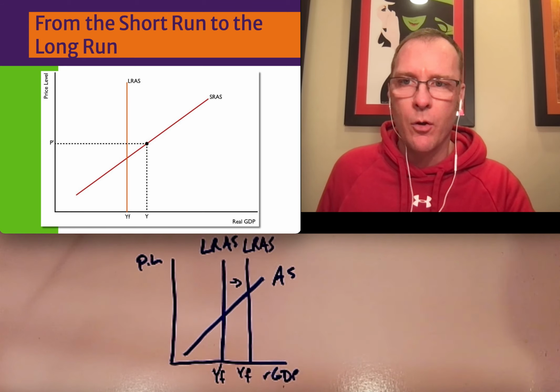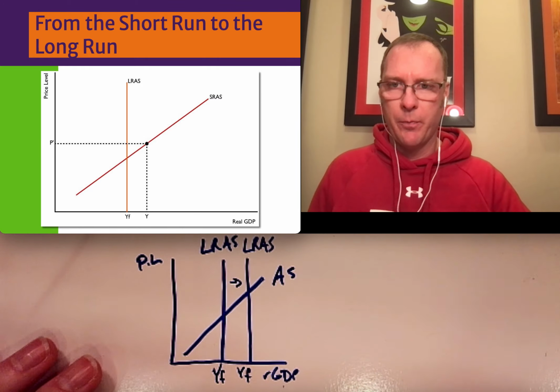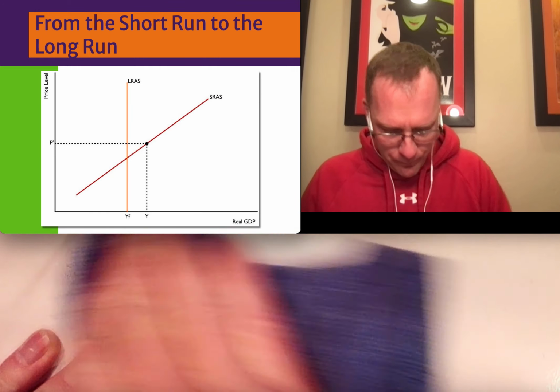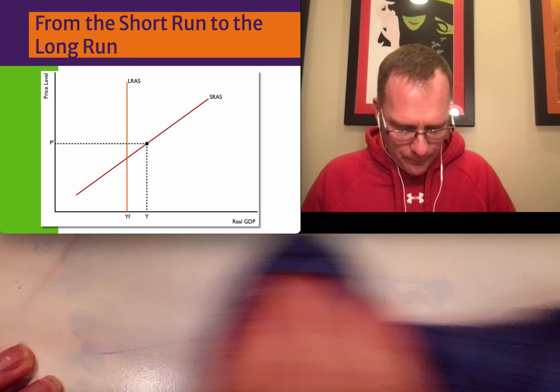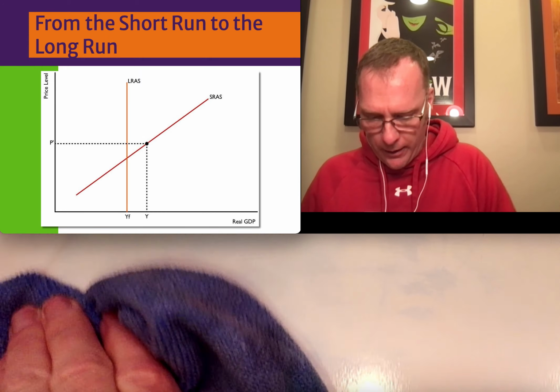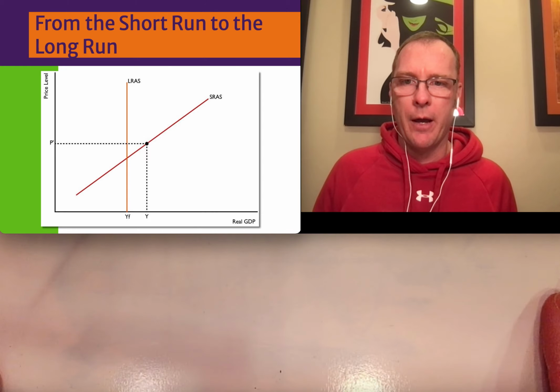So how does this go from short run to long run? What's going to happen? The price increased. All right. So we're going to see this price change. And then when that price changes, we're going to end up seeing a movement to a different point on our short run aggregate supply curve.